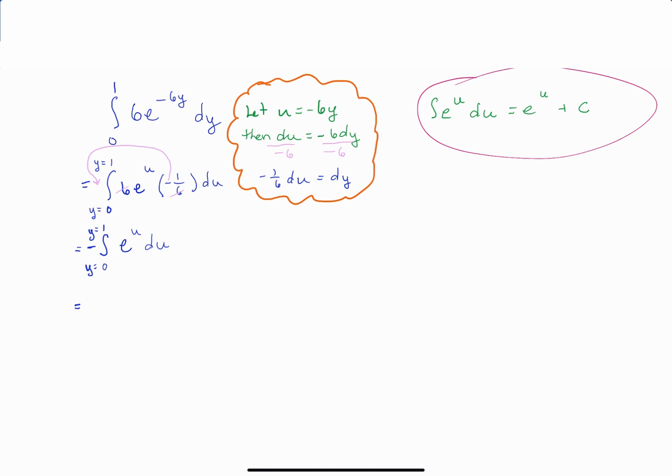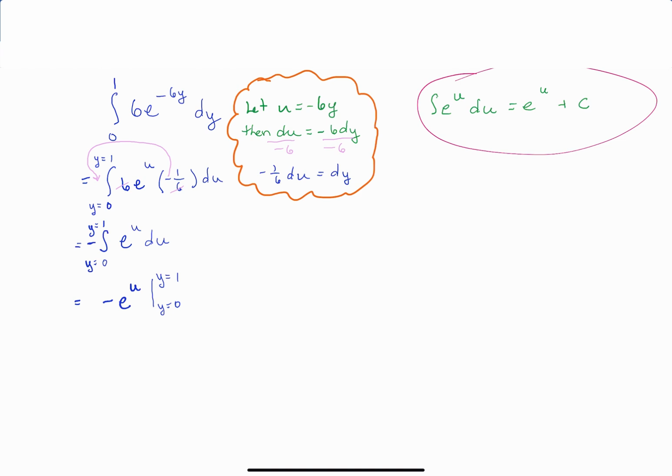The antiderivative for e to the u is just e to the u. And I do have that minus out front that I need to carry through. I don't need the plus c because we have numbers to plug in. You only do the plus c when there are no numbers to plug in. Now those are y values, so I need to get the y's back into my expression, but that's very easy to do because u is just the name we gave to minus 6y.